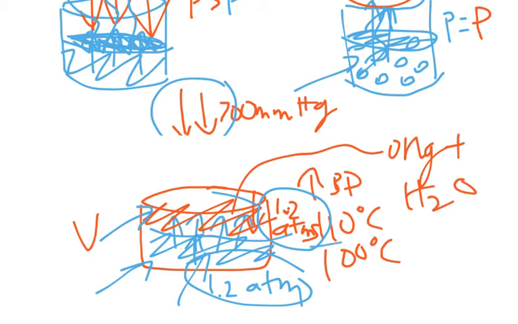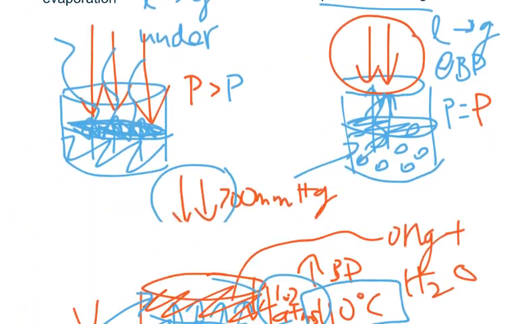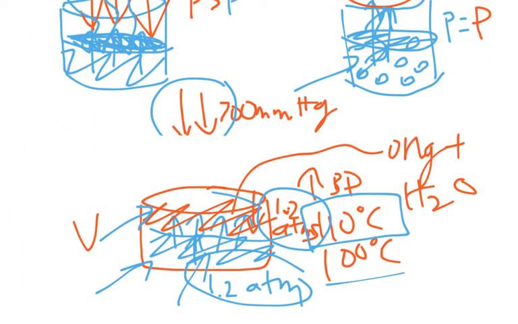Because of that, the boiling point of the water actually increases in a pressure cooker. And this lets people cook stuff in water that is at a higher temperature than the normal boiling point of 100 degrees Celsius.